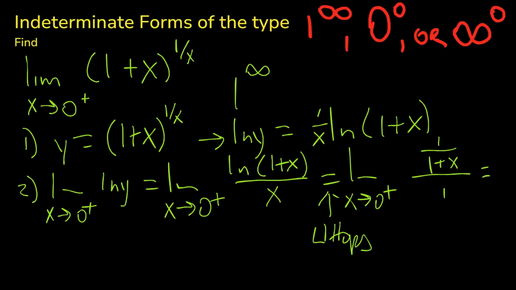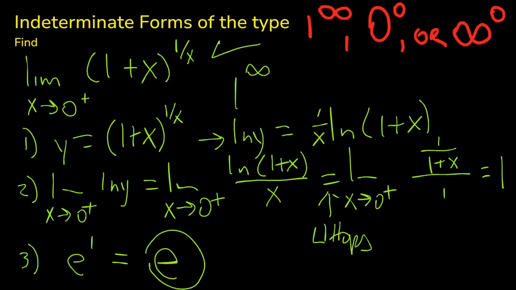Now I can take the limit as x approaches 0, and we would have just 1. But remember, we're not done there. We have to exponentiate in order to undo the natural log that we did at the beginning. So e to the 1 is just e. And if you remember, this was one of the limit definitions of e, and we just kind of proved it again from a different vantage point using L'Hopital's rule.